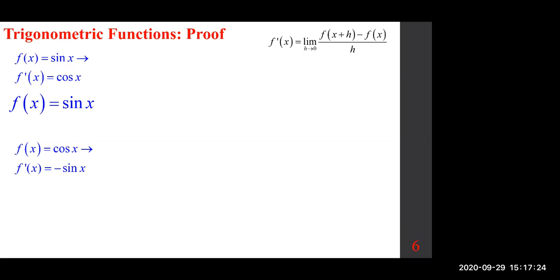So f of x is sine, f prime is cosine. Let's prove that one. Let's look at the proof. We are going to stick with the definition. When you plug it into the definition, you get the limit as h approaches 0 of sine of x plus h minus sine x over h, and you've got to use that one.